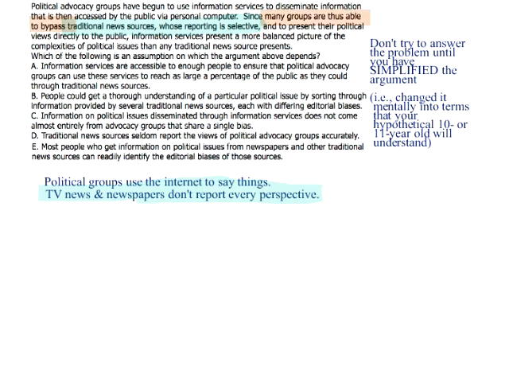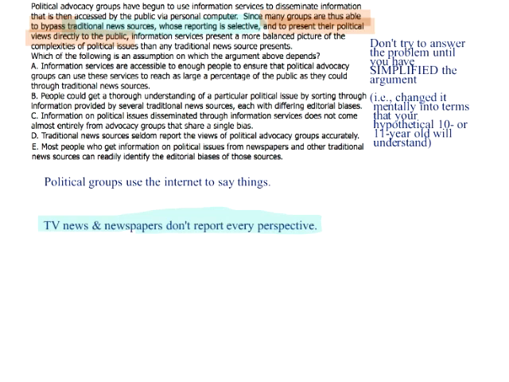A lot of groups are able to bypass those things and, using the internet again, they can present views directly. So what we're saying in that orange part is that we're talking about the same groups who use the internet to say things. The idea with those groups is that they can say those things directly to people online.